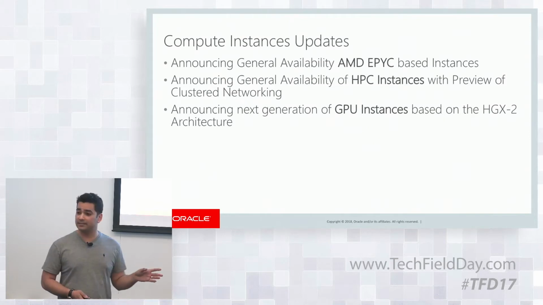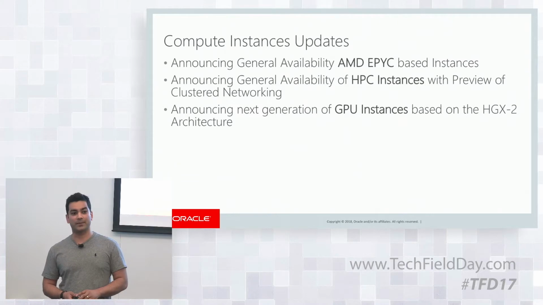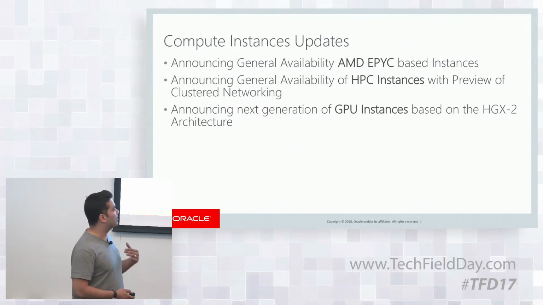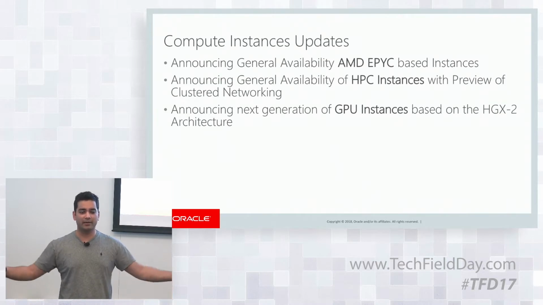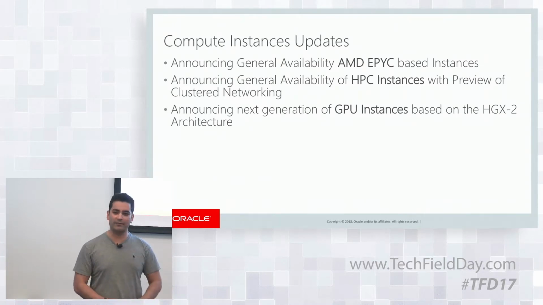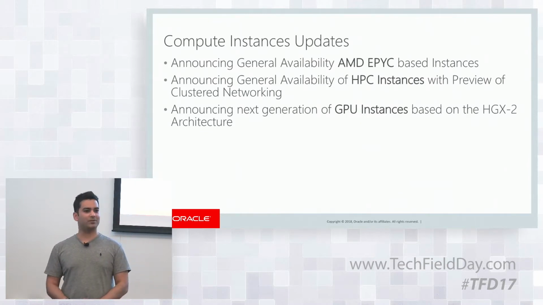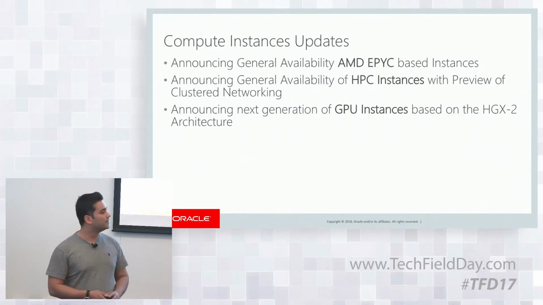We have HPC instances, which will be the first iteration of the clustered network that I spoke about just now. So essentially, you'll be able to launch a set of HPC nodes, and they can all talk to each other with clustered networking. You can have multiple clusters. You can have clusters within clusters. It's very flexible, and you can dictate the boundaries of the actual network.